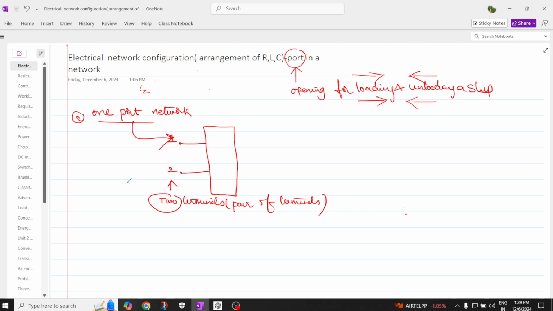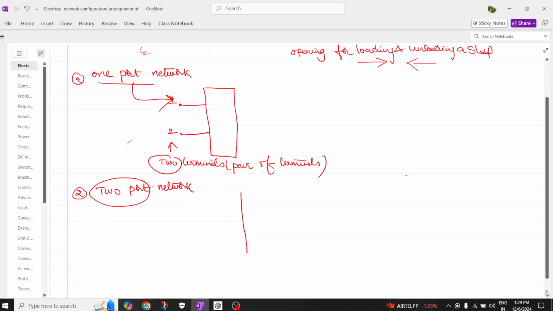Next one you have two port network. What does a two port network mean? Here you have two ports. One is an incoming port, one is an outgoing port. So I'm going to draw the ports like a rectangular box.